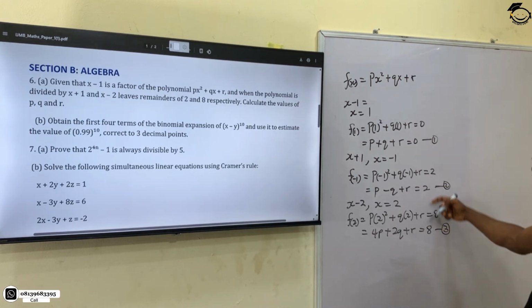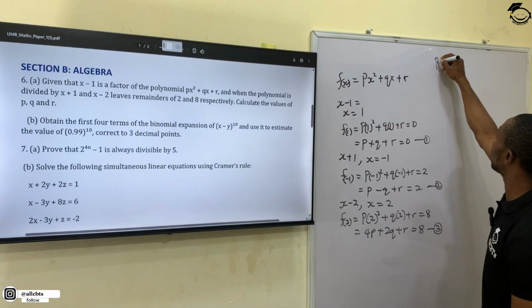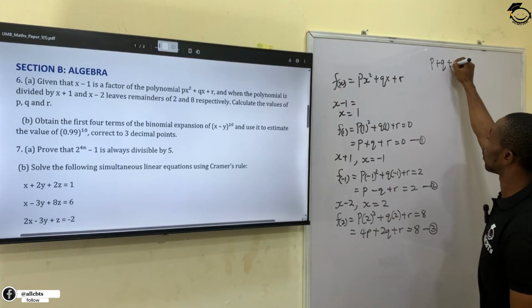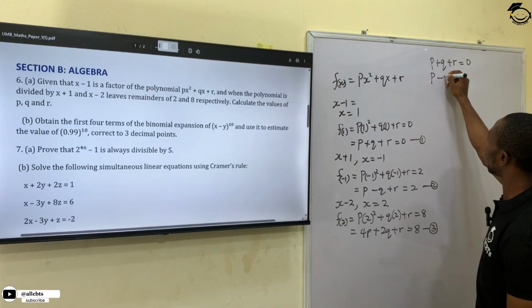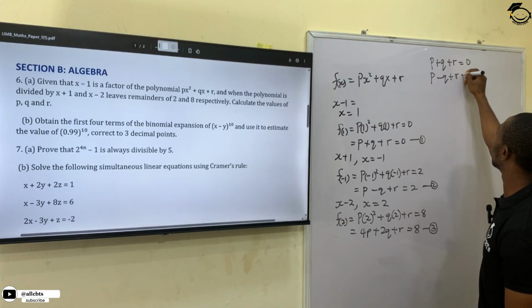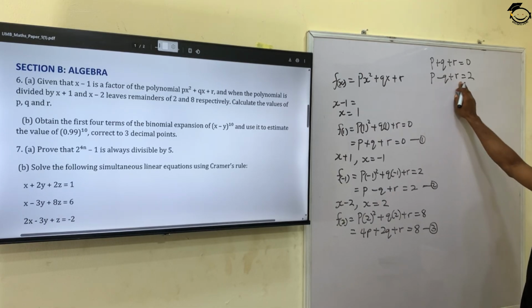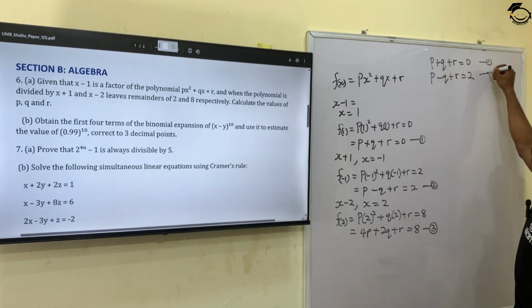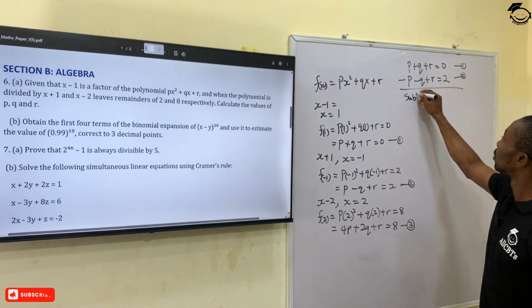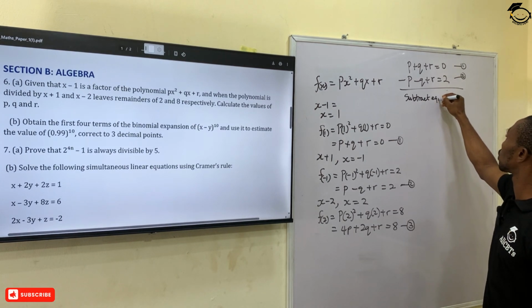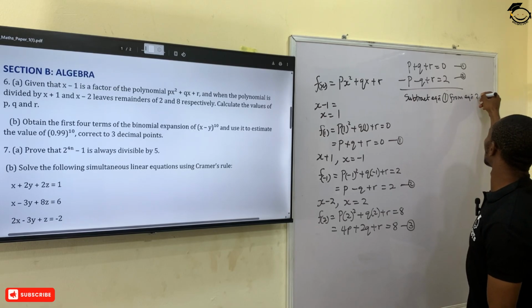Now, let's write out our 3 equations and equate any 2 of them. So we have p plus q plus r equals 0, and p minus q plus r equals 2. So from here, we can eliminate our p and r by subtracting equation 1 from equation 2.